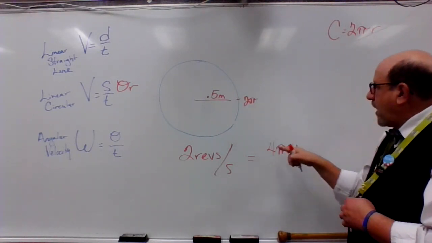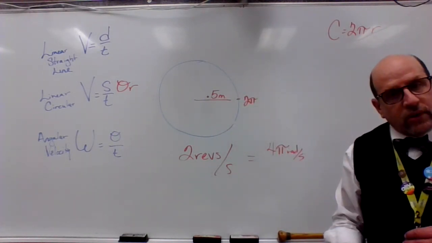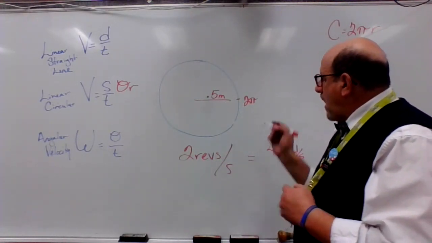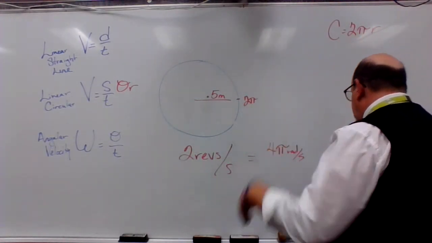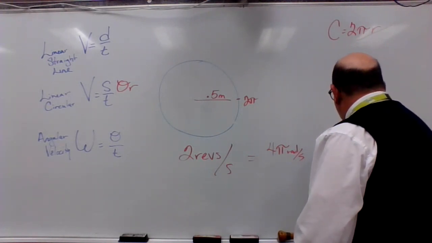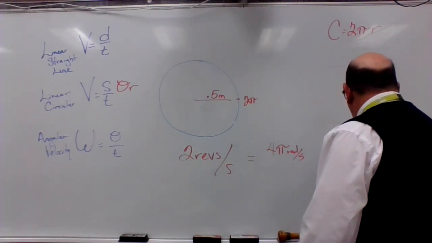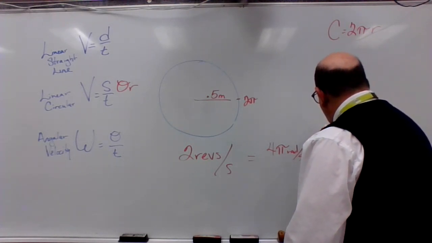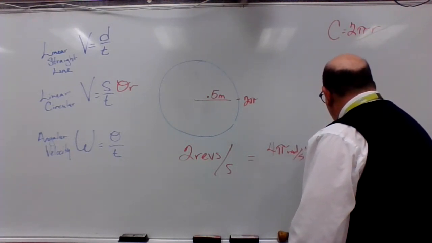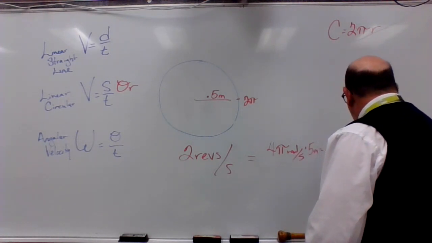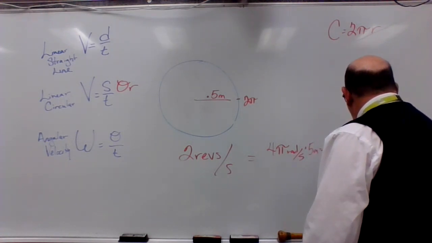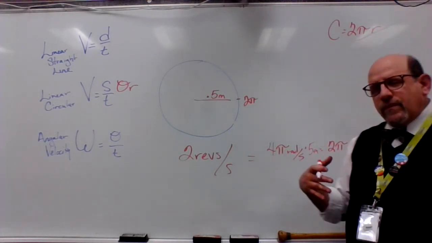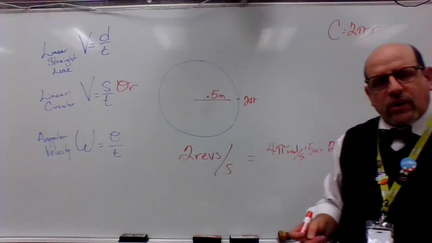That's what it says, right? Okay, well, then I take my 4 pi and I multiply it by a half, and then I say, well, it's 2 pi. 2 pi meters a second.